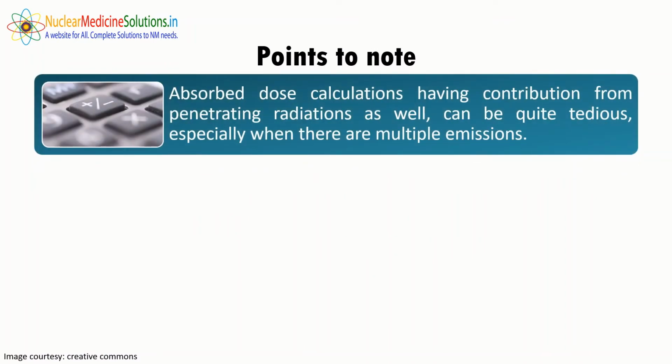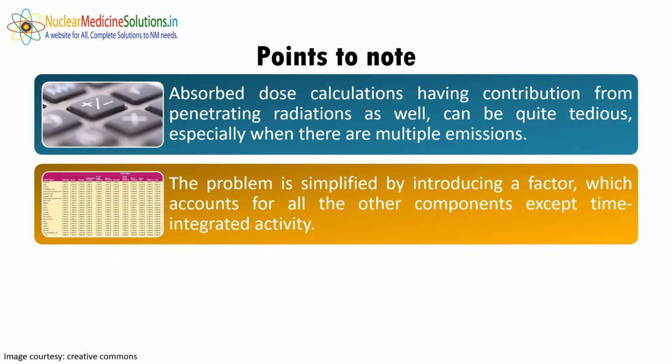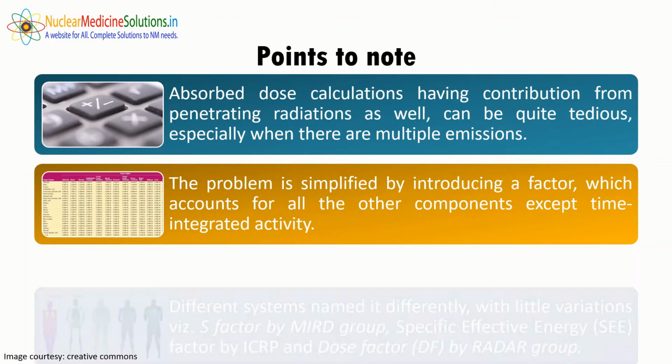In all these calculations we made certain points to note. Absorbed dose calculations having contributions from penetrating radiation as well can be quite tedious, especially when there are multiple emissions. This problem was simplified by introducing a factor which accounts for all other components except time integrated activity.